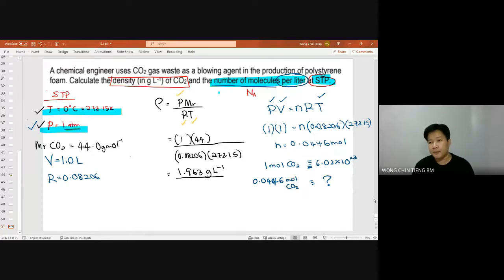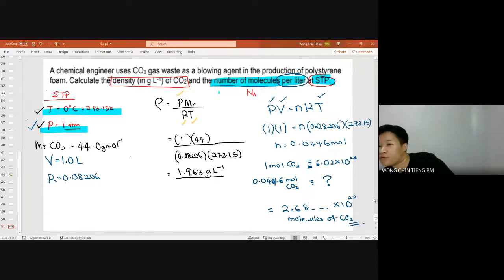If you take 4 decimal places, your answer may differ from someone who takes 3, but it will be approximately the same. Your number of molecules will be about 2.68 times 10 to the power of 22. Right? Answer: molecules of carbon dioxide. Do you still remember this mole concept?